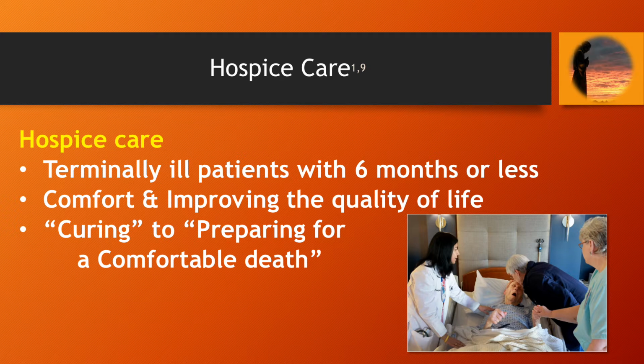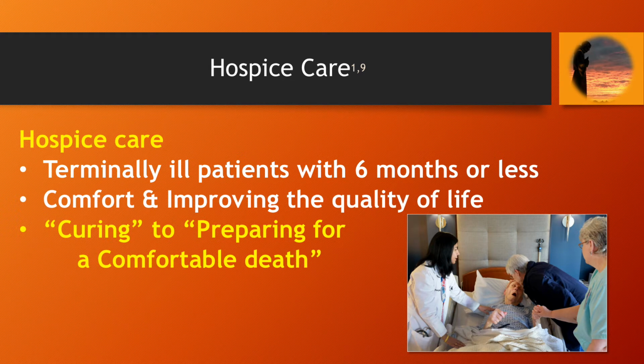Now let's look at hospice care. Hospice is specialized care for terminally ill patients with a life expectancy of 6 months or less, given that the disease runs its normal course of progression. Just like palliative care, the focus is on comfort and improving the quality of life.